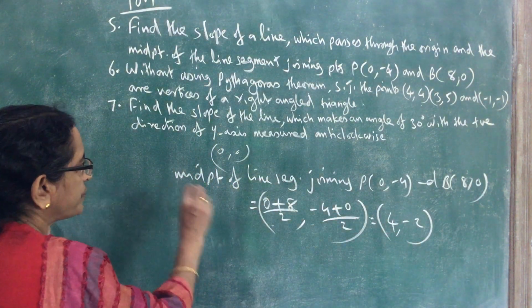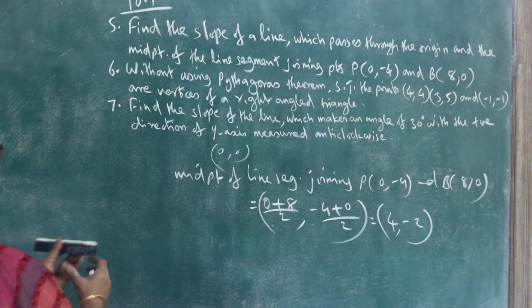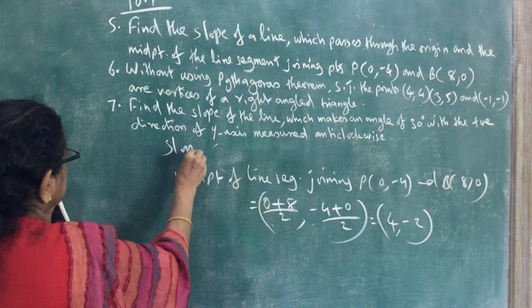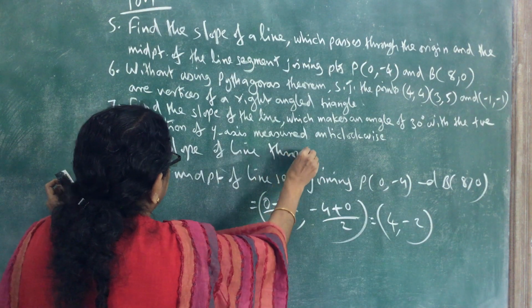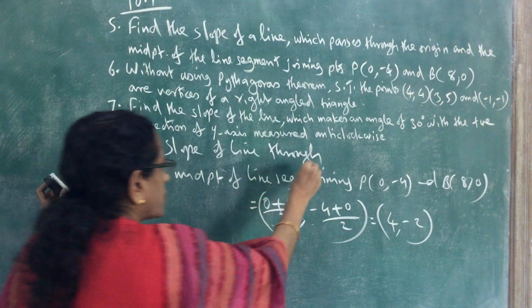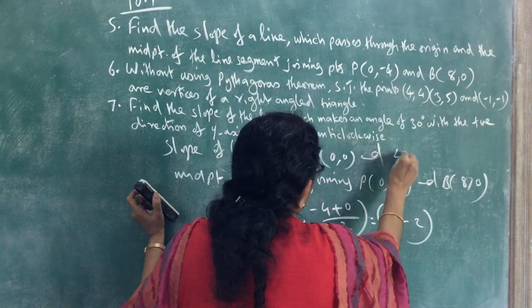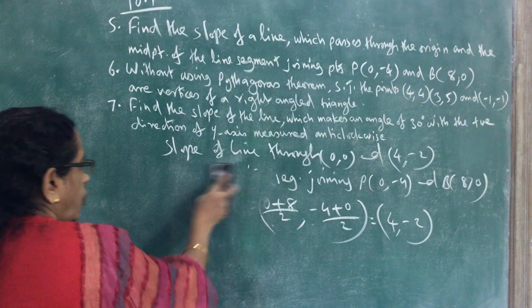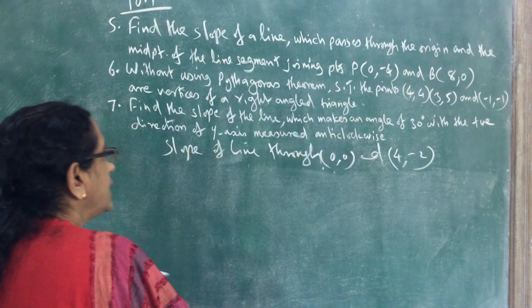So the slope of the line passing through 0, 0, the origin, and this midpoint 4, negative 2, this slope we want to find.